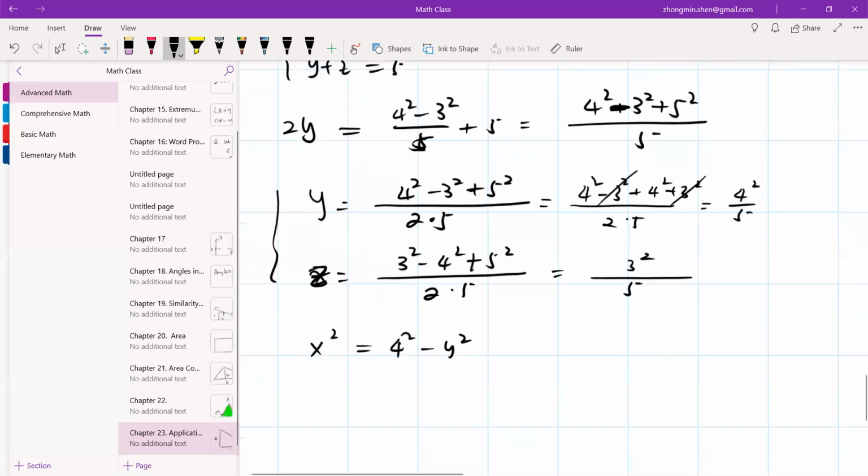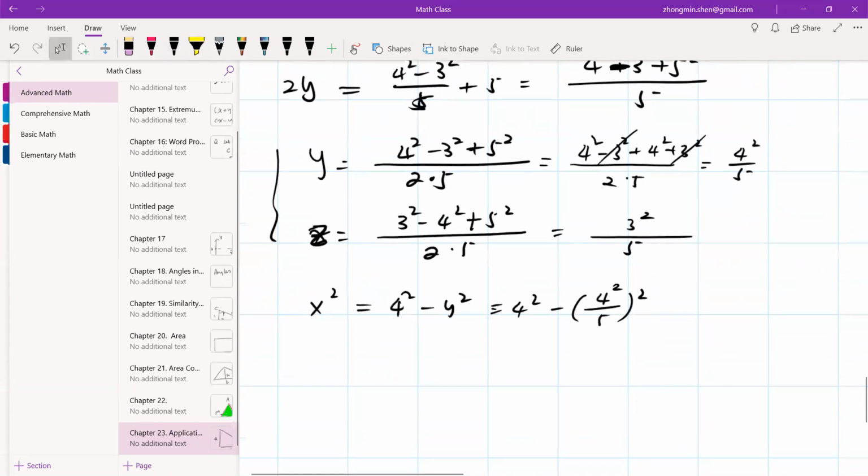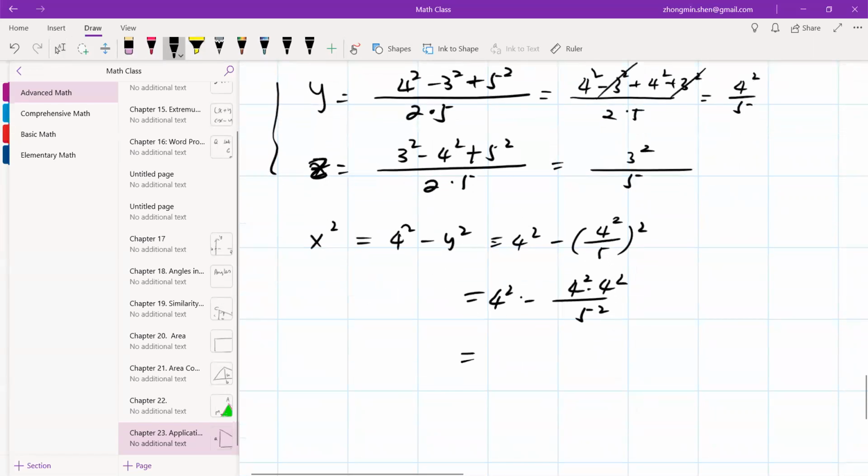Okay? So now, using that, 5 squared is 4 squared plus 3 squared. So I'm going to get 4 squared minus 4 squared over 5 squared. I take 4 square, 5 square out.